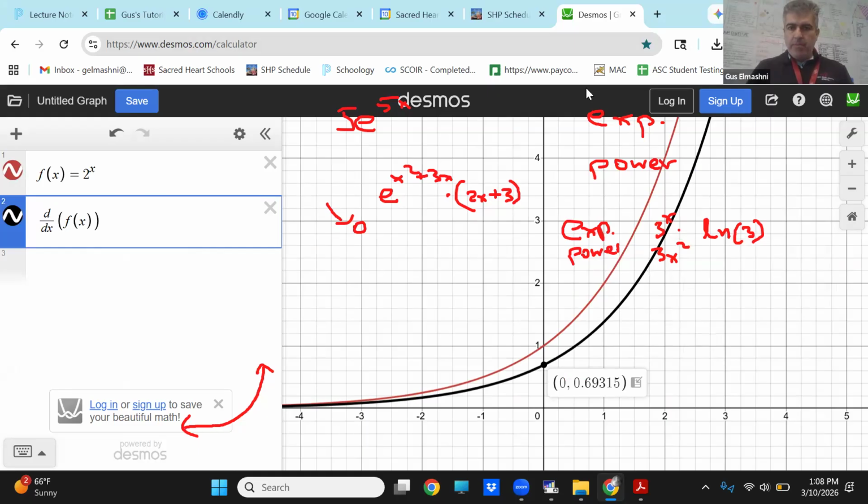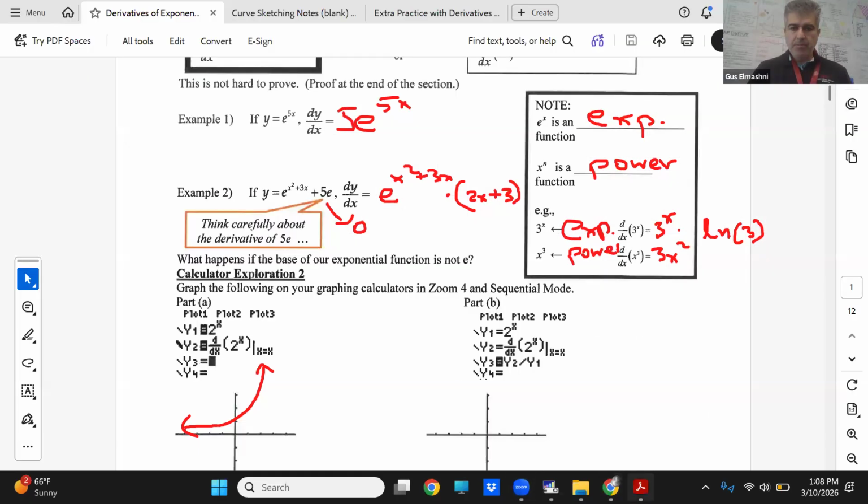The derivative of 2 to the x looks like that. And of course, on the graphing calculator, you just do d dx of 2 to the x equals x.